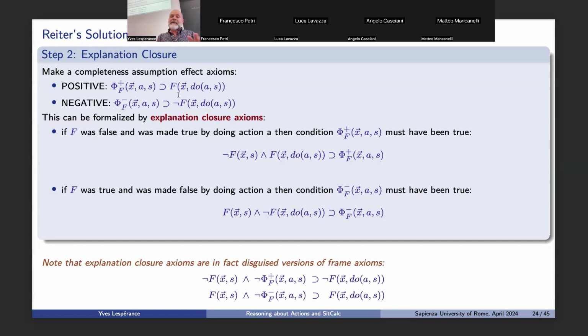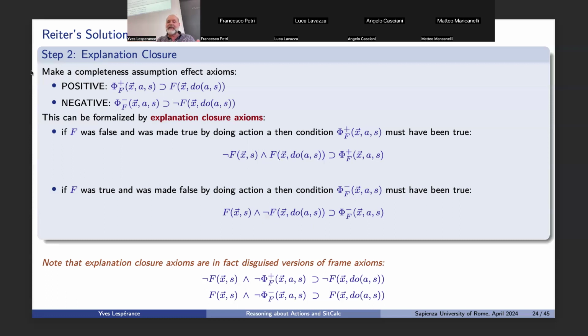Now you want to say that these capture all the ways in which F becomes true and all the ways in which F becomes false. What does that mean? My assumption is that if F was false and was made true by doing some action A, then this condition must have been true, because this condition captures all the ways in which, from my effect axioms, I've specified that F becomes true.